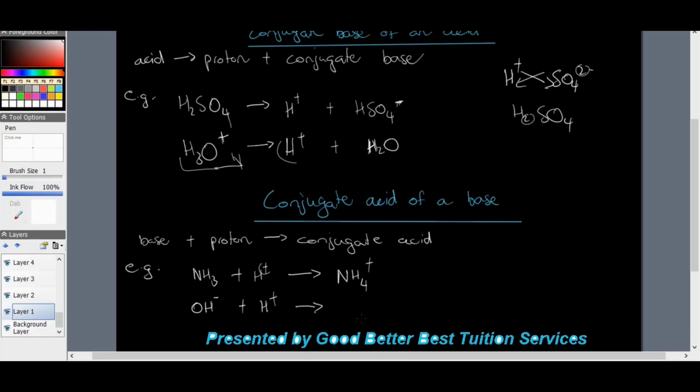I just want to do that to clear up some confusion. If we add a hydrogen proton to hydroxide, we end up with water, which is a neutral molecule. We just get H2O, and in this case water acts as our conjugate acid in this reaction.